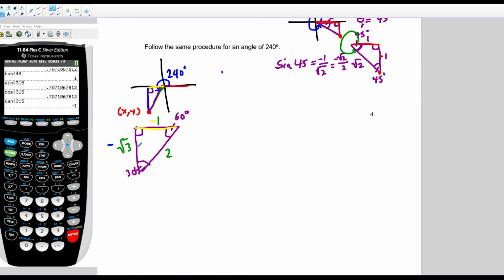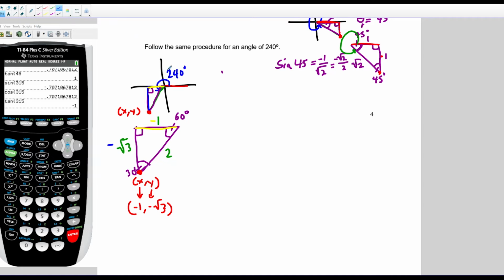So that means if I were to come up with our point right here, this x and y value, our x is -1, and our y value is actually -√3. Now, this probably does not make a whole bunch of sense right now, but it will once we move into some more examples later on, where we talk about how the x and y values are used with our special triangles.